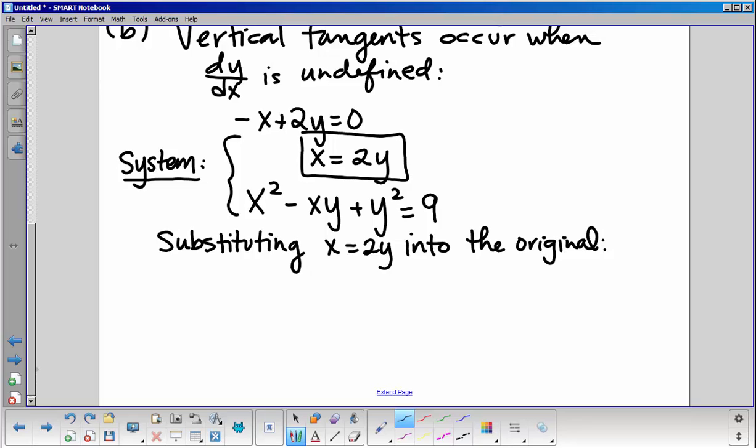So wherever we see x, we're going to put what in its place? 2y. So this is going to be 2y quantity squared minus 2y times y plus y squared equals 9.